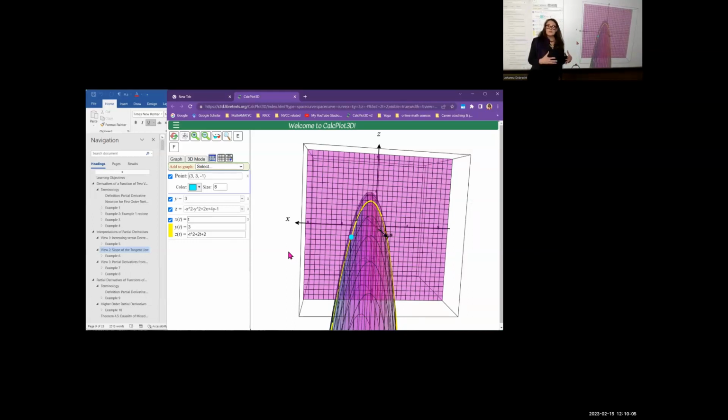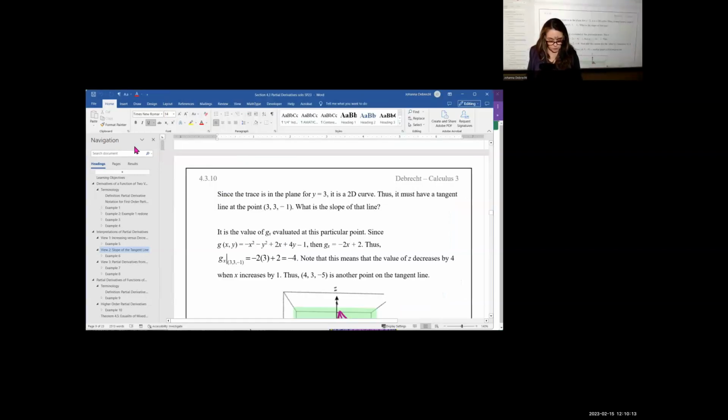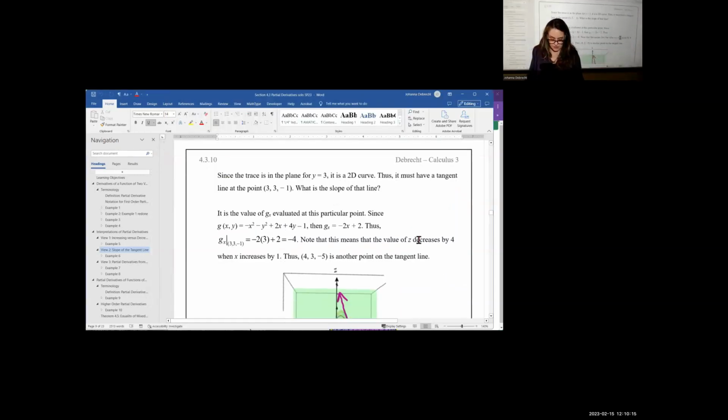Now the partial derivative with respect to x at that point should give me the slope of the tangent line. So I'm going to come back over here and we're going to find the partial derivative of the function evaluated at this point from the domain of 3, 3, or at the point 3, 3, -1. All right, 3, 3 is in the domain, 3, 3, -1 is the point on the surface.